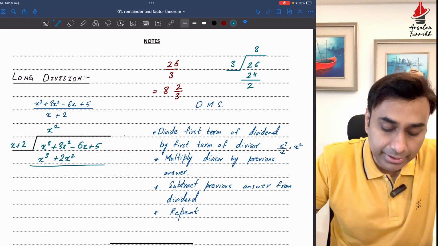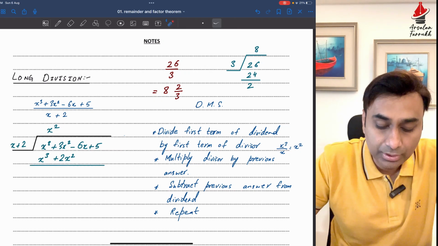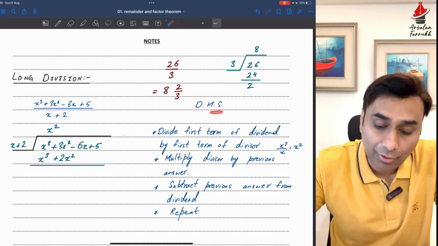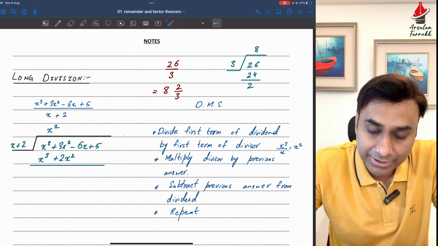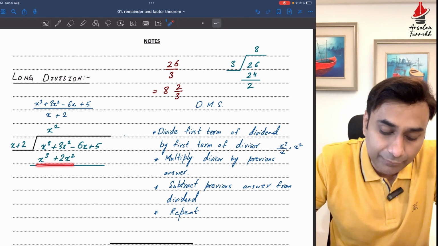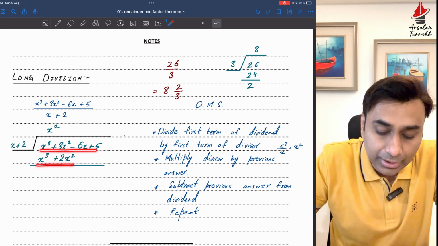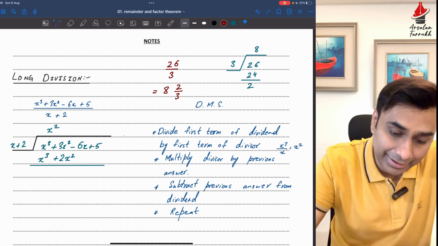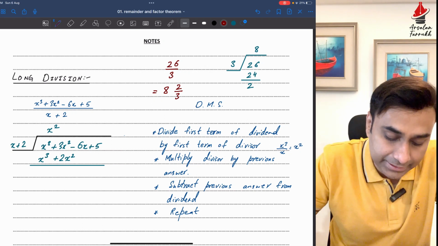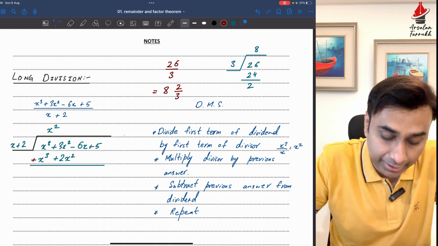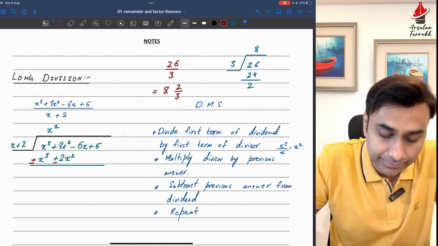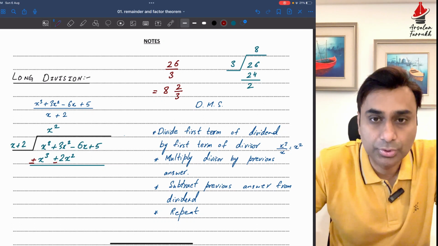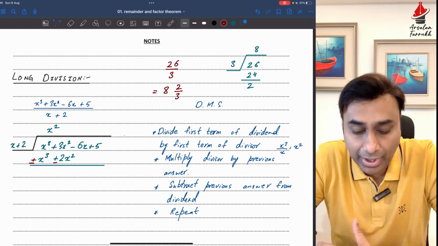Now, once you have done this, you have to perform the last step, which is subtraction. So you subtract what you got over here from the dividend, which means that if you're subtracting here, then the signs of these terms that you got in the second line must change. So this plus becomes minus and this plus also becomes minus because it's getting subtracted.